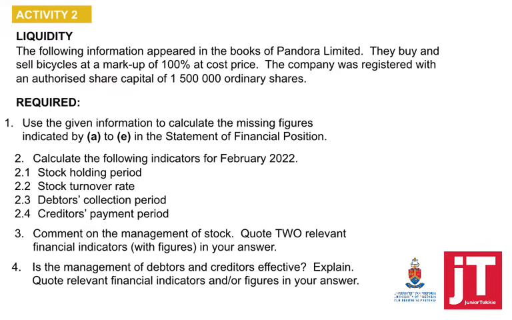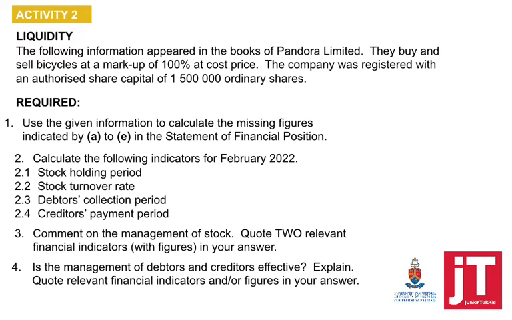So what is required of us? Use the given information to calculate the missing figures indicated by A to E in the statement of financial position. Again, in this activity, you will see how we can use financial indicators to find missing figures. This is expected of you in grade 12.